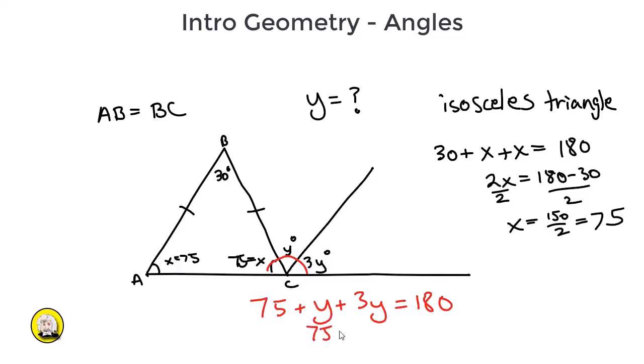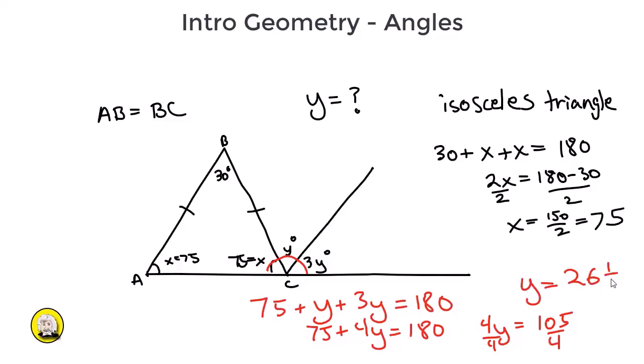So 75 plus 4Y, combining like terms, equals 180. Subtract 75 from both sides, and 4Y equals 105. Divide by 4 on both sides. Y equals 26 1/4.